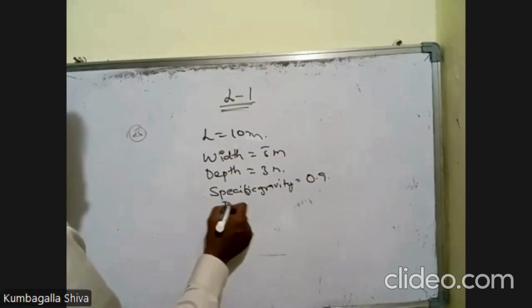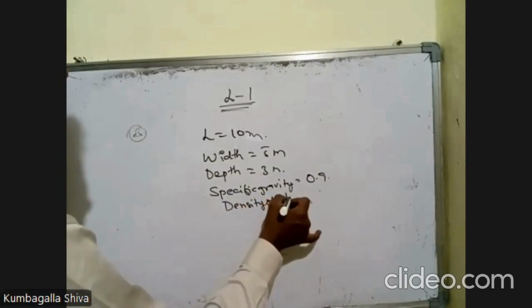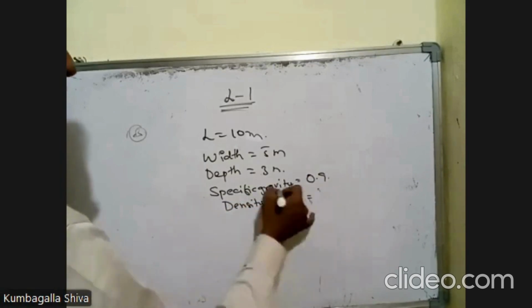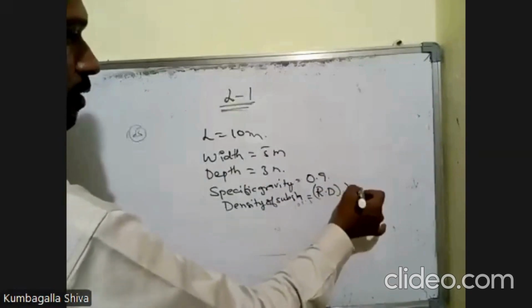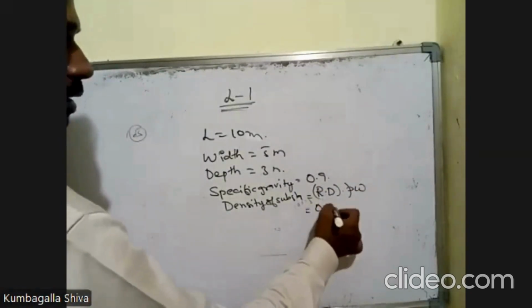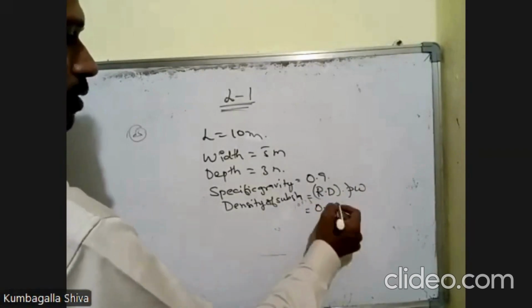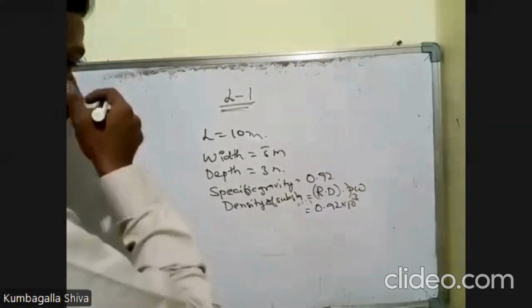Specific gravity, or relative density, is the density of the substance relative to the density of water. So the density is 0.92 into 10 power 3 kilogram per meter cube. Okay.